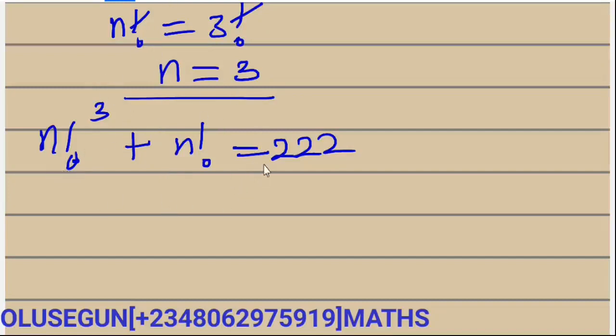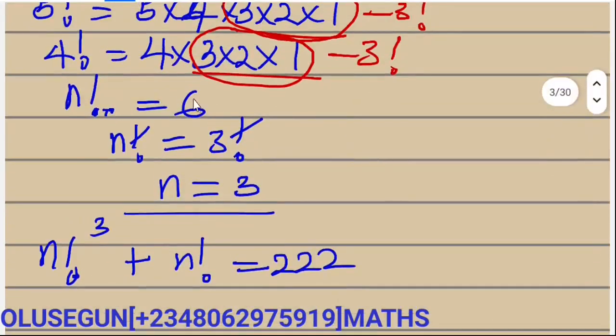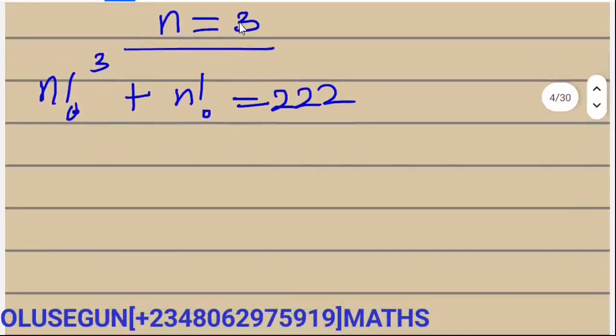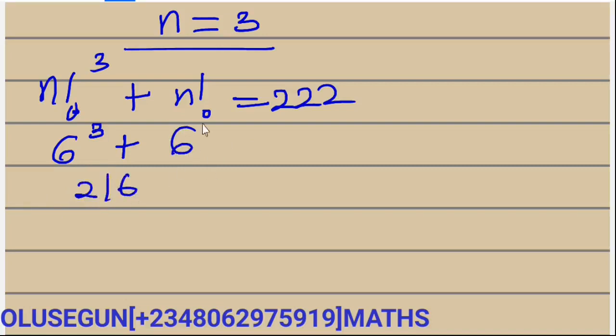From our question, n factorial is equal to 6. So now 6 raised to the power 3 plus n factorial, which is 6. 6 raised to the power 3 is 6 times 6 times 6, which gives us 216. Now plus 6, the value here is 222. So this is the value of n factorial cubed plus n factorial.